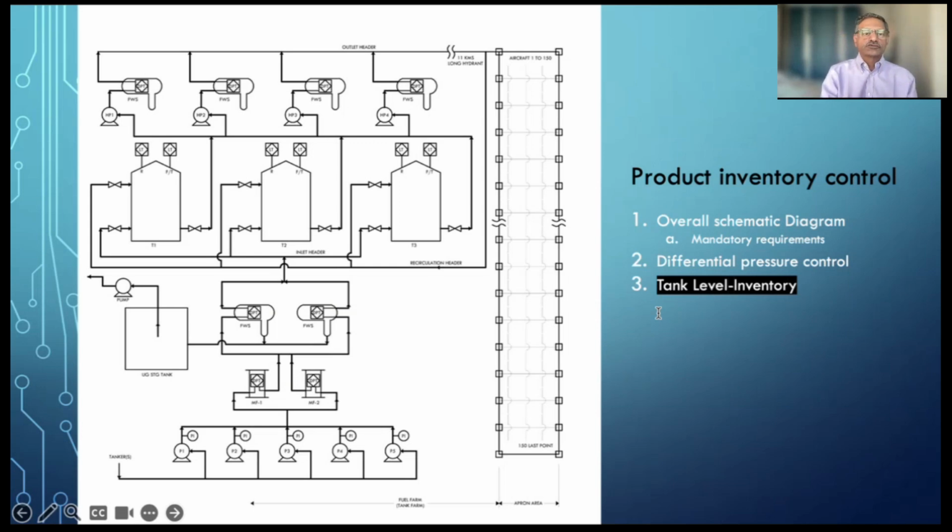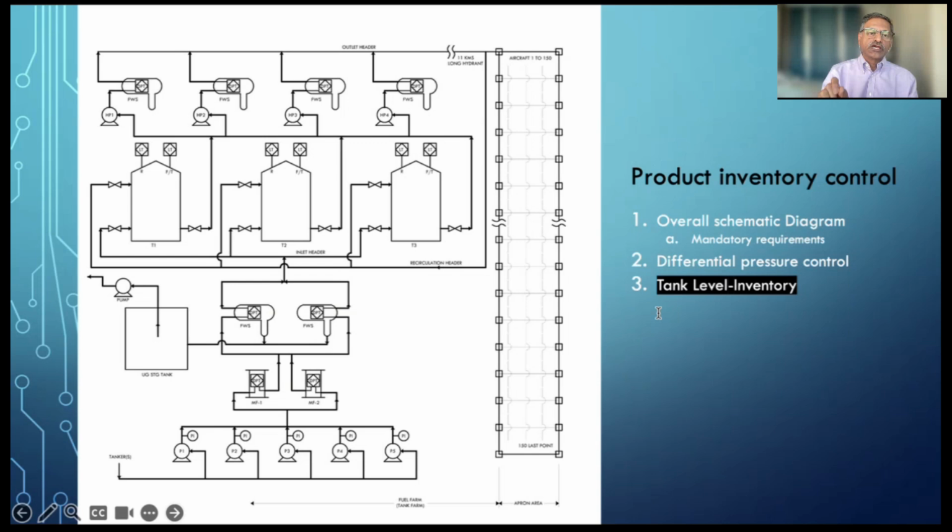In some other course, we will talk about different types of level transmitters and how they work and function. But for the purpose of this module, please remember you have one radar type and, as a redundancy, one float and tape type.